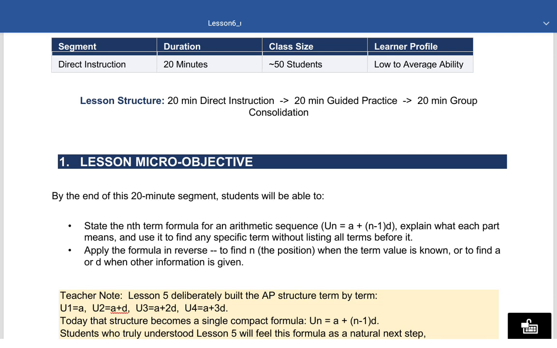And when I subtract, I will get 5d. So you see that to get the 6th term, I have to add the first term to 5 times the common difference.